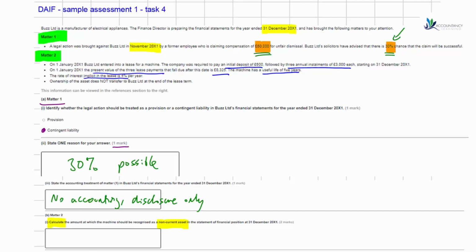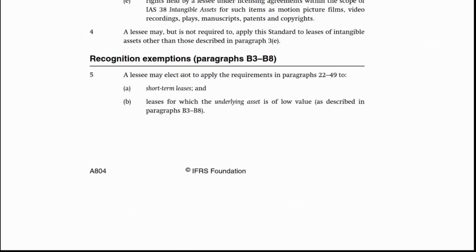The question mentions that ownership of the asset does not transfer to Buzz Limited at the end of the lease term. So is that relevant? Does that impact one of those two exceptions? So here is IFRS 16, and it tells us in paragraph 5, a lessee may elect not to apply the requirements. So in other words, we're not going to show an asset if we have short-term leases or leases for which the underlying asset is of low value.